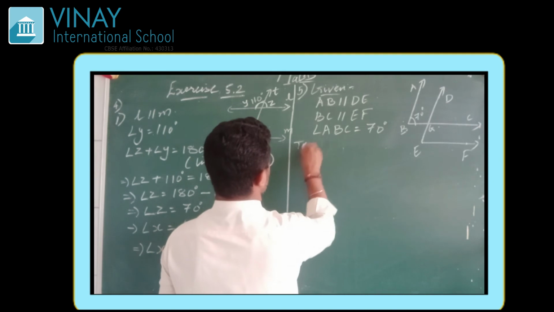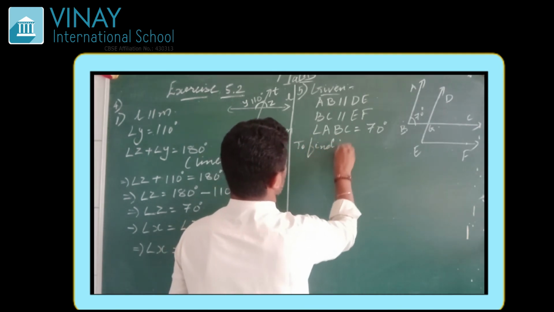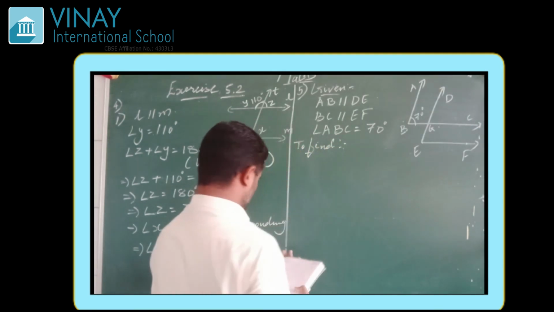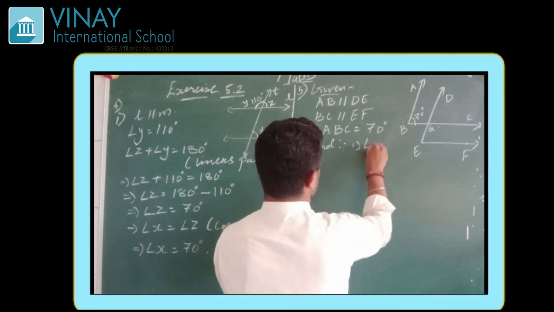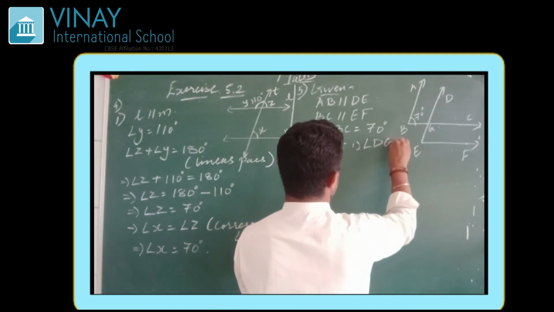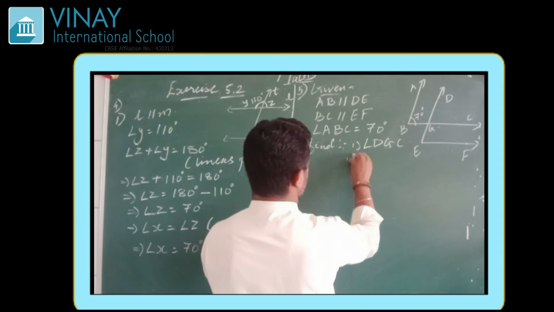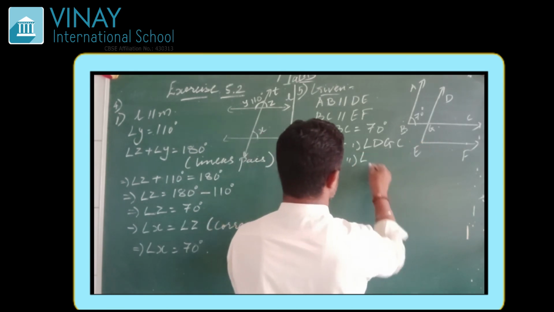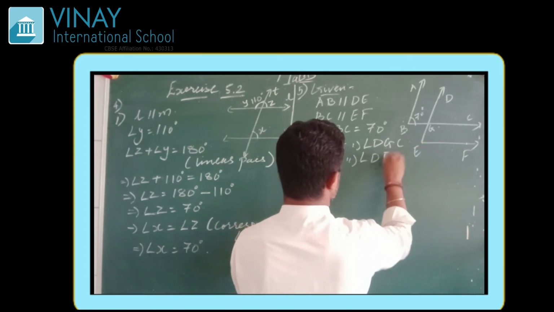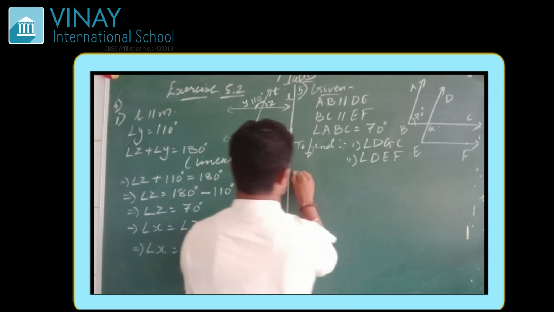Now we have to find two angles. That is, first angle DGC and second one is angle DEF. Now solution.